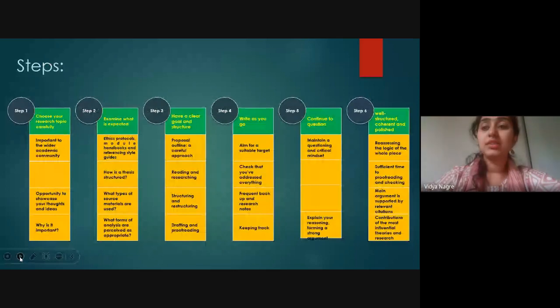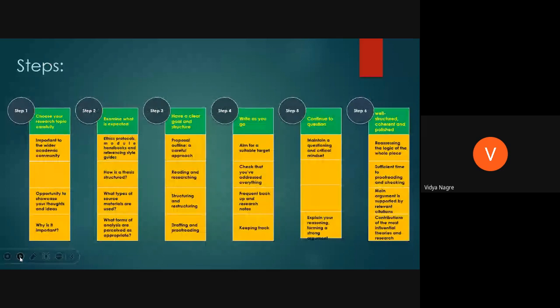Research is a platform where you get an opportunity to present your ideas in front of a large audience, all the scholars who have already worked in that particular field or upcoming scholars also. Use that platform for showcasing your ideas and thoughts.